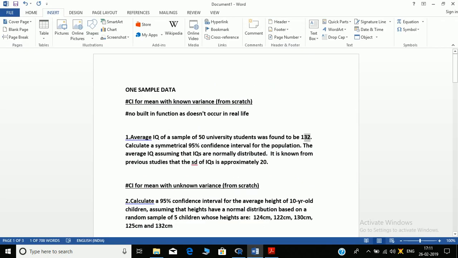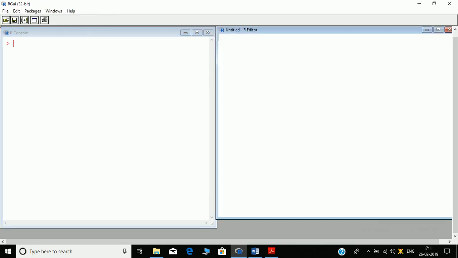Okay, so let's do this in R. We have N equals 50. X bar is 132. Then sigma is 20, the SD.